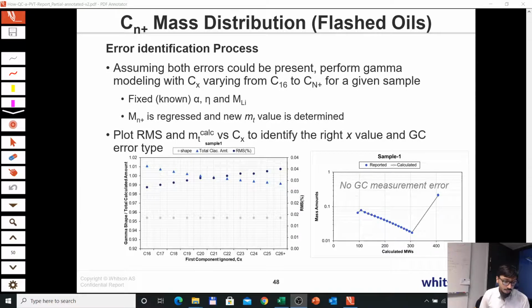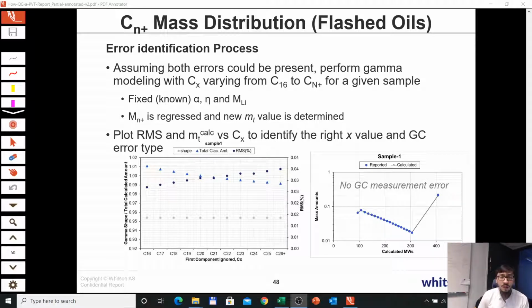So now in this lesson, we will use the knowledge that we got from the previous lesson and implement it to quality check the compositional data. For that purpose, we have an Excel spreadsheet where we have programmed the gamma distribution model.